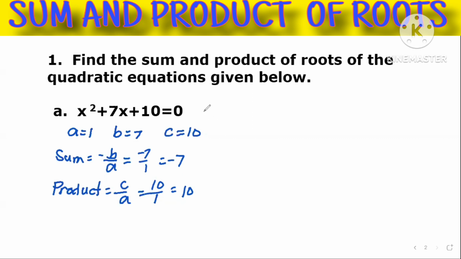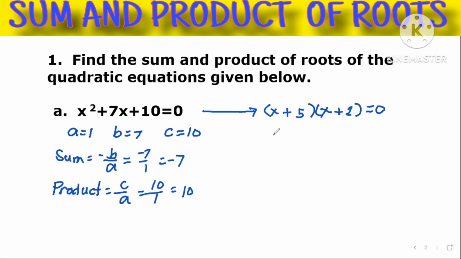Now, this quadratic equation can be solved by factoring, right? So, lagay tayo ng dalawang parentheses. Equate to 0. Factors of x squared are x and x. Now, we need factors of 10 that add up to 7. So, those factors are 5 and 2, right? Now, since all the terms are positive, dapat parehong positive ito.